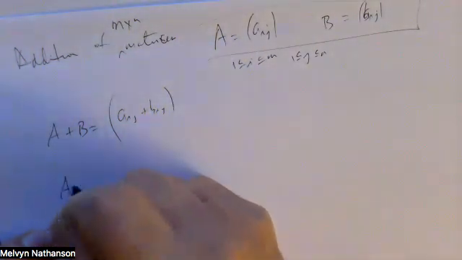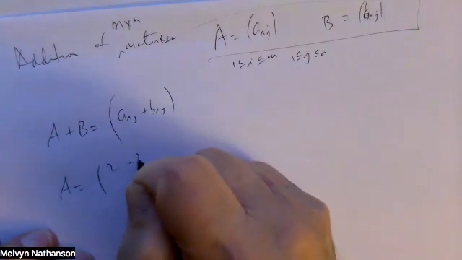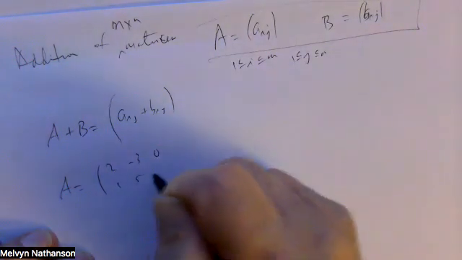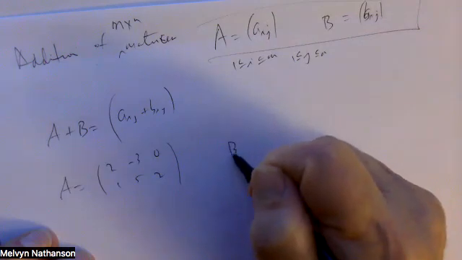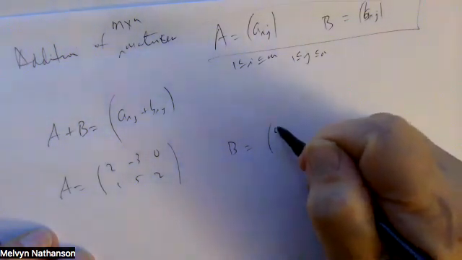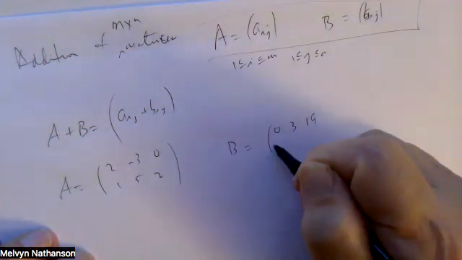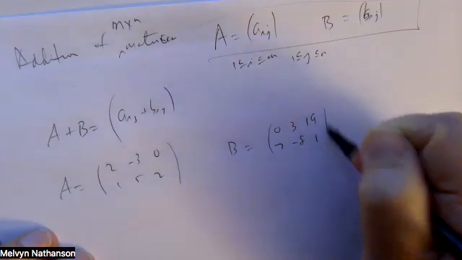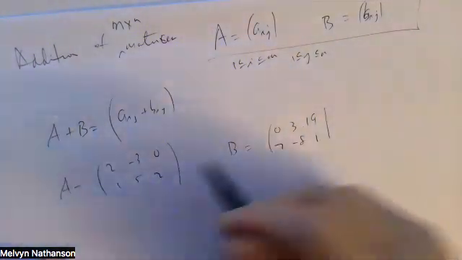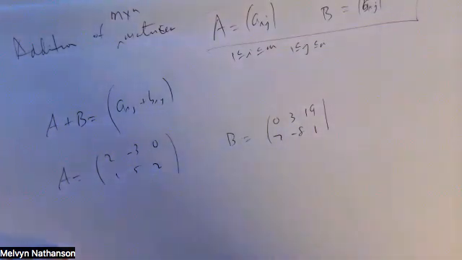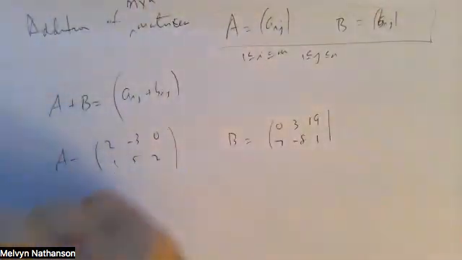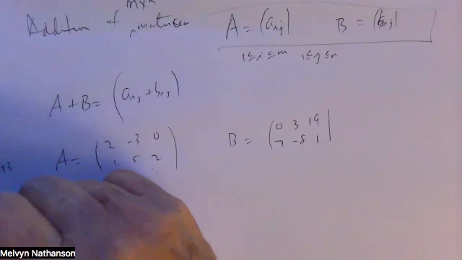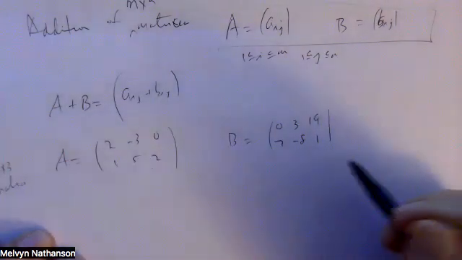So for example, if A is the matrix 2, -3, 0, 1, 5, 2, and B is the matrix 0, 3, 19, 7, -8, 1. So these are both matrices with 2 rows and 3 columns. So these are 2 by 3 matrices.